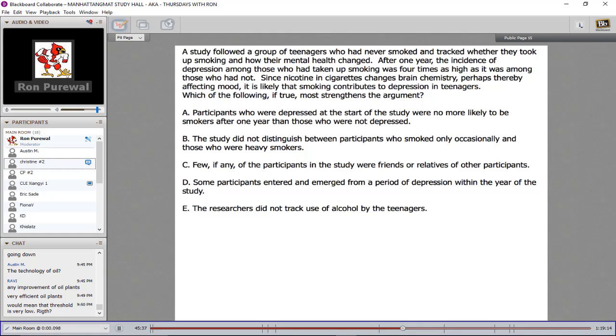If you look at this argument, they're arguing that something is basically cause and effect. How do you break a cause and effect relationship?